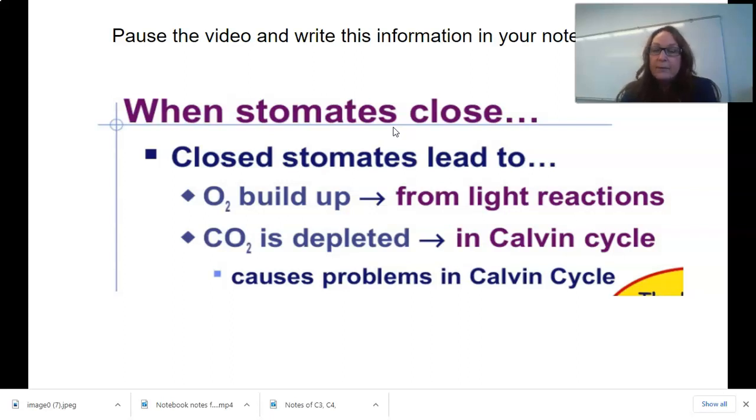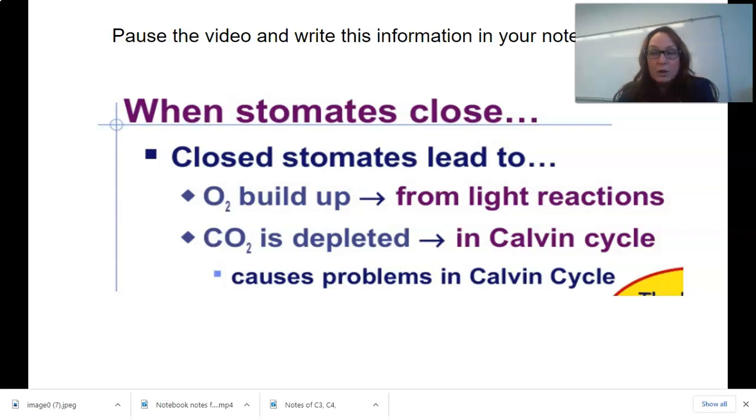If the plant needs to close its stomata, like shut your mouth, because you're losing too much water, then you've got a closed system. Plants are going to continue going through photosynthesis, and you're going to have oxygen released from photosystem 2 where water's split.